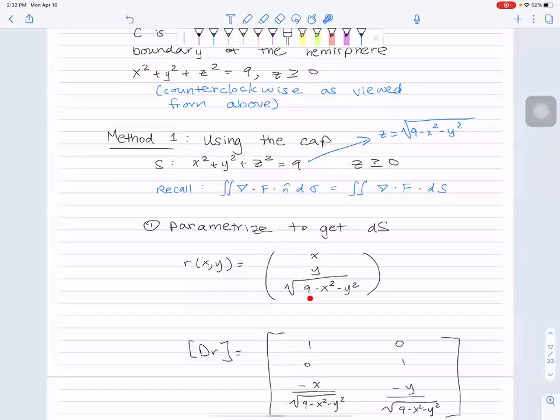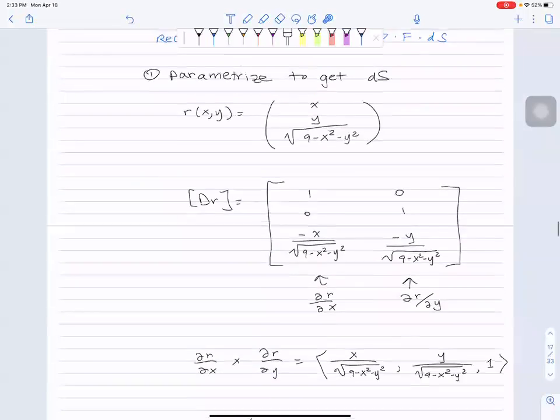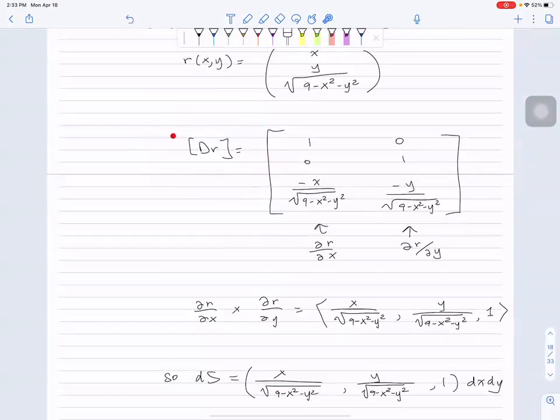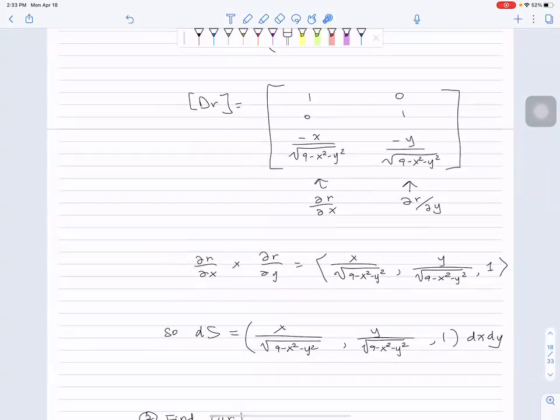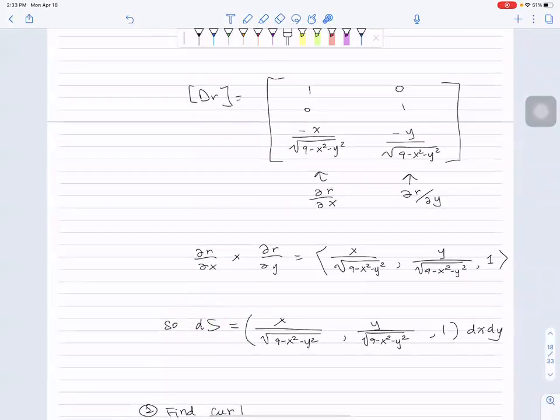What else do we need? We're going to need dS, capital S. How do we get dS? We saw that we need the cross product of the x and y partial derivatives. If I compute the Jacobian matrix and take the cross product, I finally get that dS is this component thing, dx dy. So I've parameterized it and I know what the capital S is.